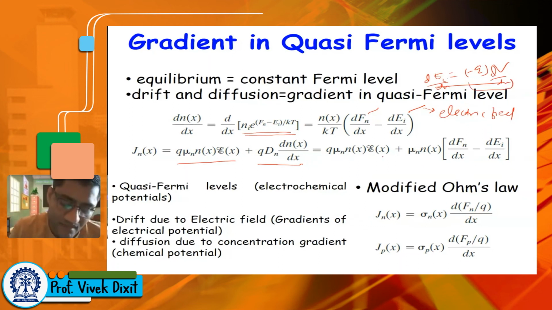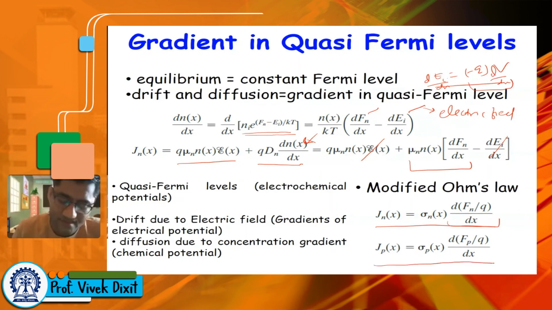So what will happen when you substitute this into the current equation? These two things will cancel, right? So you will just have mu n times the derivative of the Fermi level, right? This is also called the modified Ohm's law, where current density is simply given by the derivative of the Fermi level.